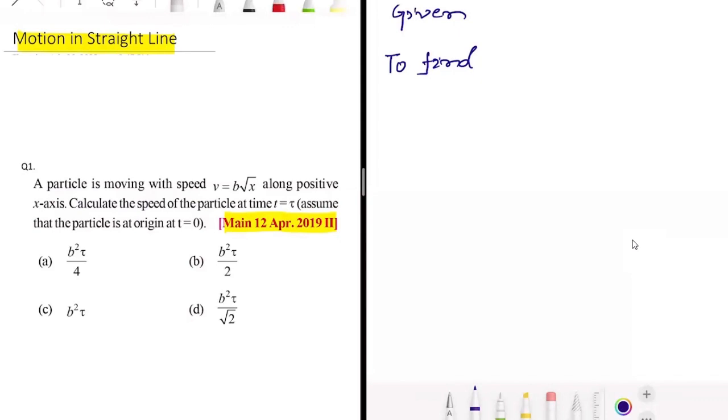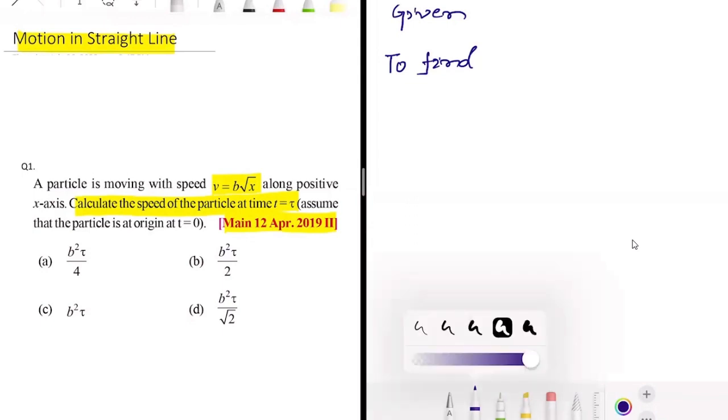It says a particle is moving with a speed v equals b root x along positive x-axis, and it asks to calculate the speed of the particle at time t is equal to tau, and it assumes that the particle is at origin at t is equal to 0. So what do you see here?